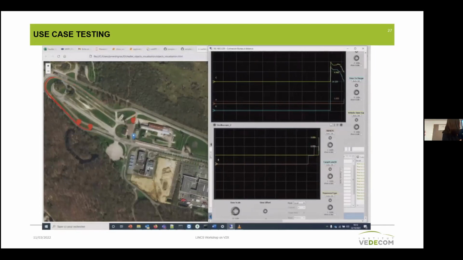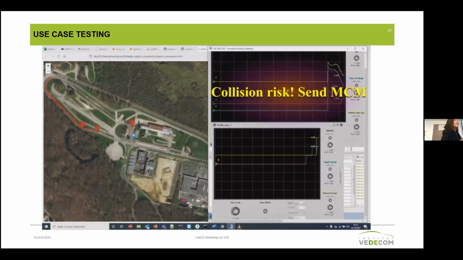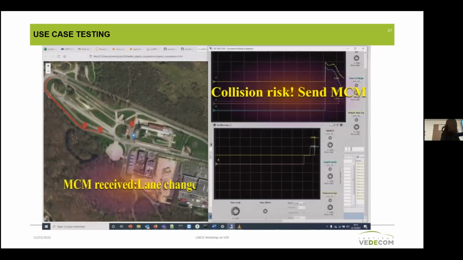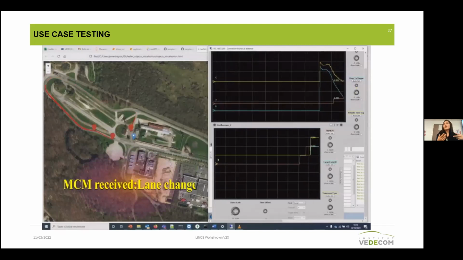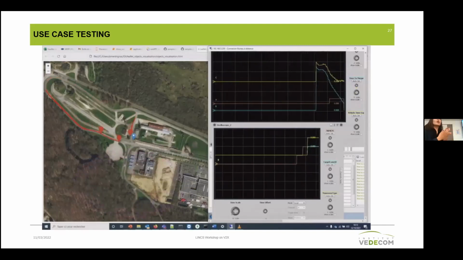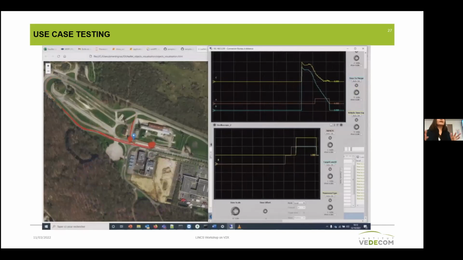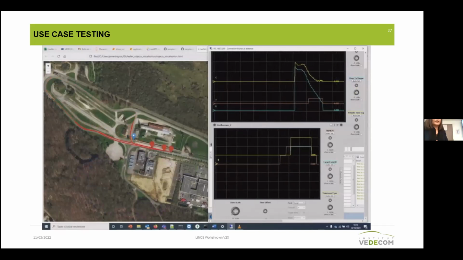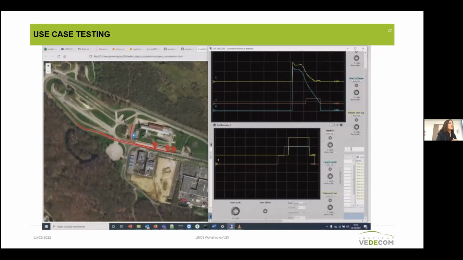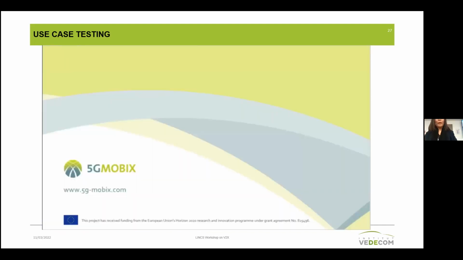Then we analyze the collision risk, and as soon as the collision risk is detected, we send the MCM message: look, change the lane to avoid collision. In our case it's only 3 vehicles, not too complex, but it's already working, and I think infrastructure is quite interesting for automated driving.